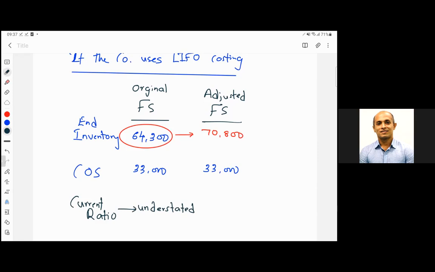Because under LIFO method, in a price increasing situation, inventory at last year price is lower than the current price. Therefore, inventory value is understated. Therefore, current ratio is understated, since you are using inventory value as a part of current ratio.